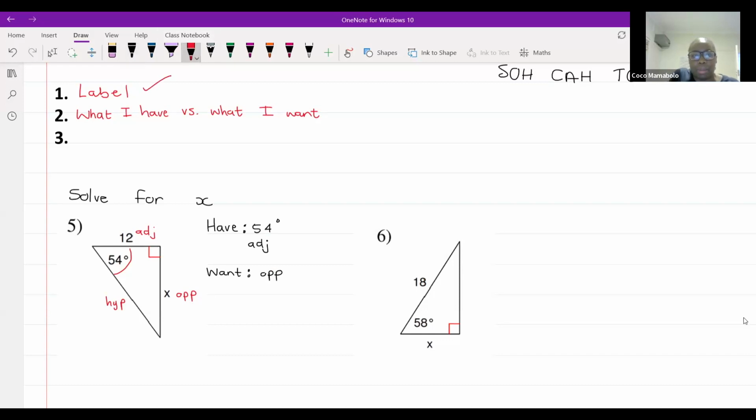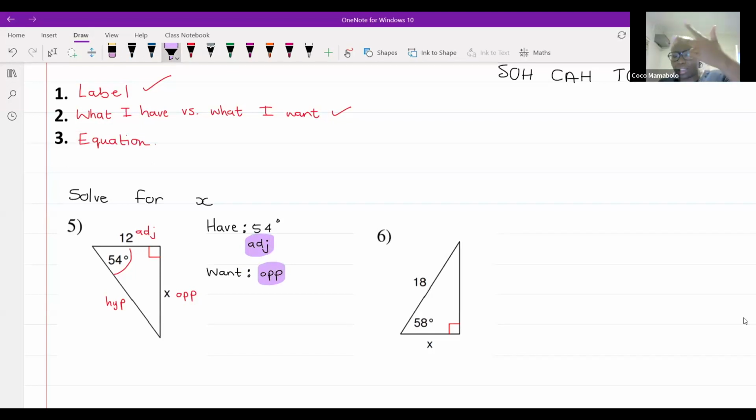So we've done step number 1 and step number 2. Now, for step number 3, what we're going to do is we're going to use SOHCAHTOA to create an equation. Now, I'm going to look at what I've got here. I've got adjacent and opposite.